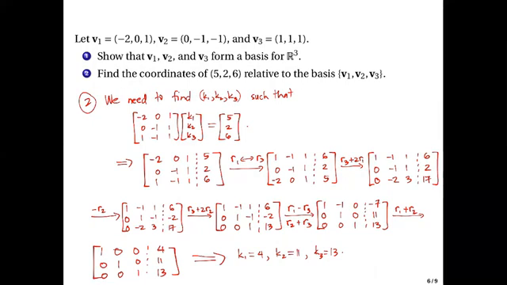So, the coordinates of this vector 5, 2, 6 with respect to the set S, okay, with respect to the basis V1, V2, and V3, this is equal to these values of K, 4, 11, and 13.